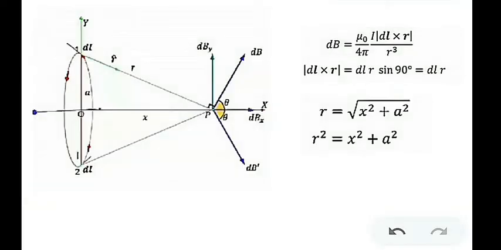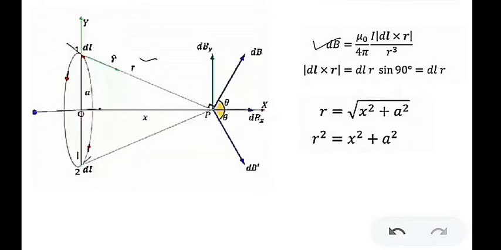Now we have to find the value of r. In this triangle, from Pythagoras theorem, r equal to square root of x square plus a square, so r square equal to x square plus a square.